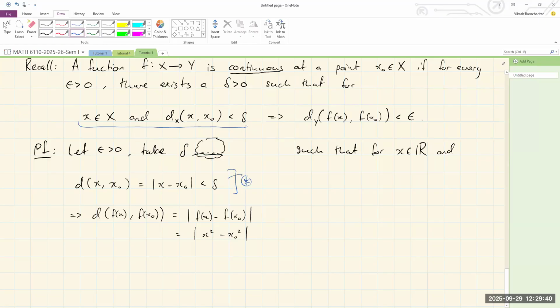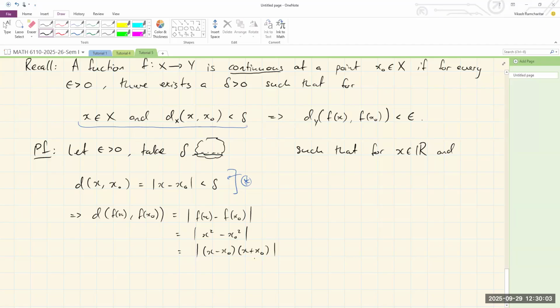So I want to see modulus of x minus x0. Now I don't have that. I have modulus of x squared minus x0 squared. Okay, but that's a difference of two squares, so I can replace that as x minus x0 by x plus x0.